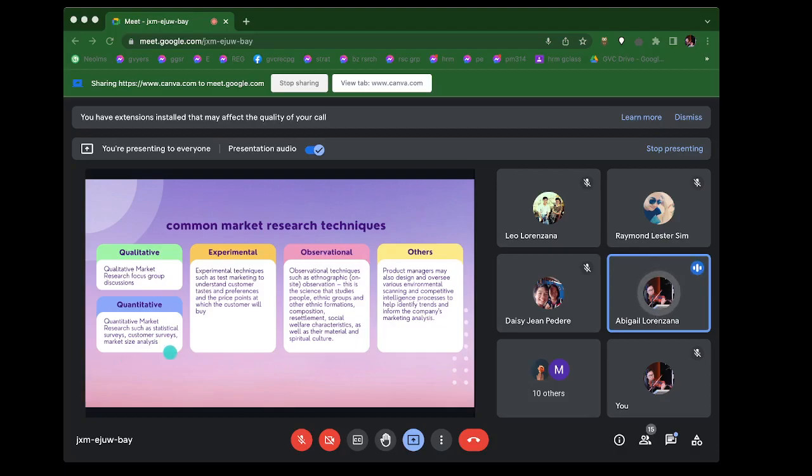Sometimes there are surveys where, if you answer, you have a chance to win something, right? Because they want data. They want information on how they can approach the market. Okay.